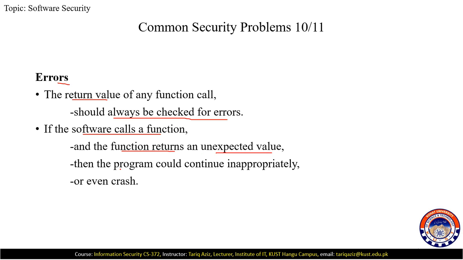The problem will be your program could continue inappropriately, or even your program could crash. So that's why if the function call returns any value, then this value should be checked for errors to avoid any crash, or to avoid any inappropriate results.